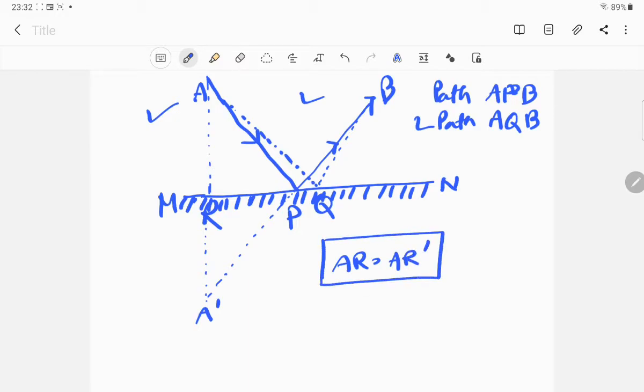Sorry, there is a mistake, this is not AR dash, this is A dash R.